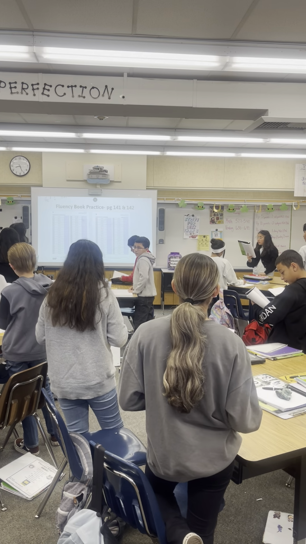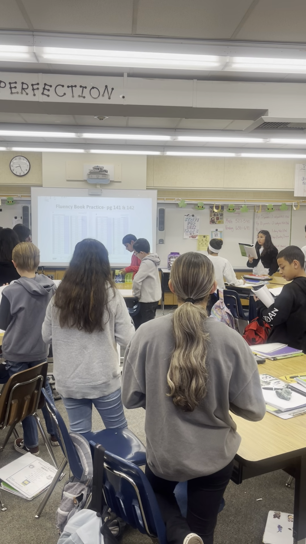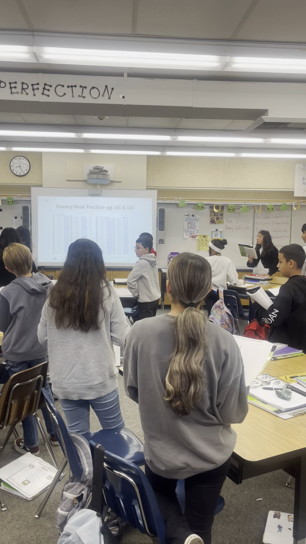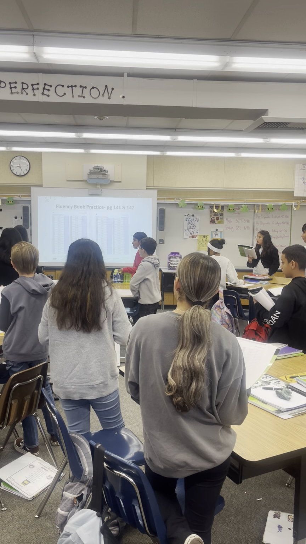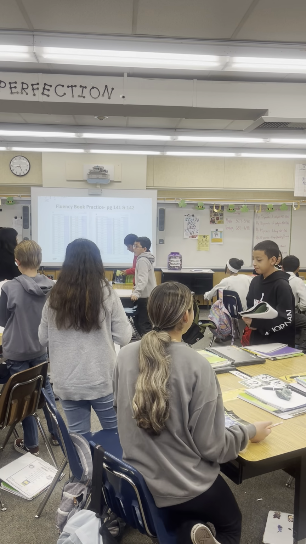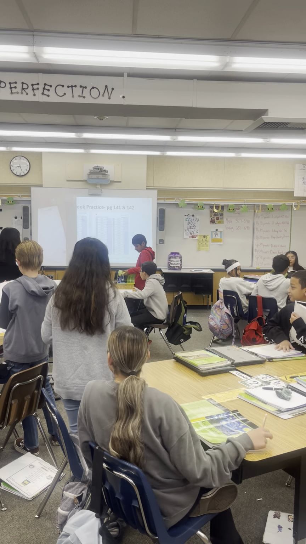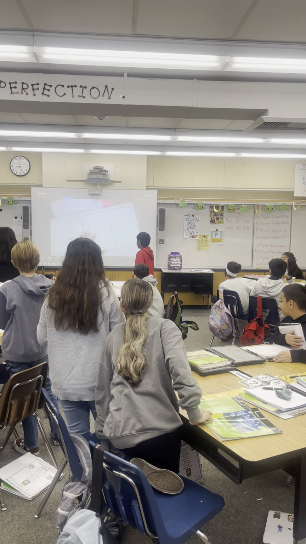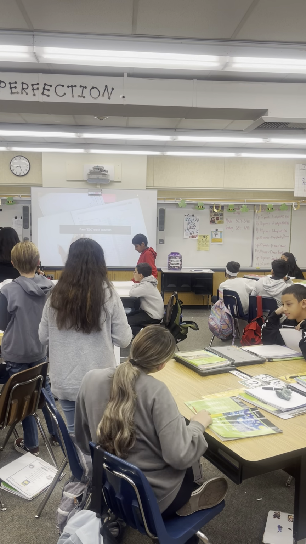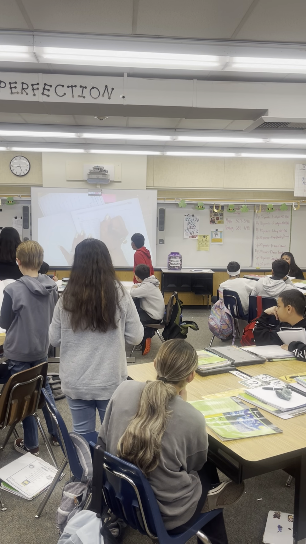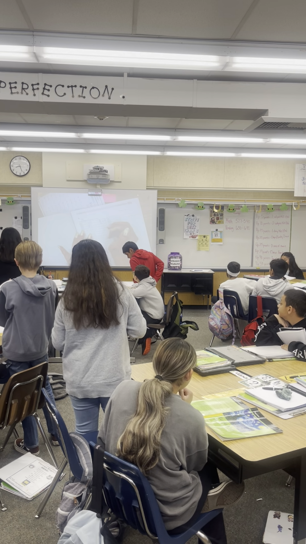Number 1. It's what, Daniel? 2/5. It is 2/5. If you got it wrong, you sit down. 2/5. You're not dividing. You're multiplying. Okay? Number 2. 3/5. Number 3.